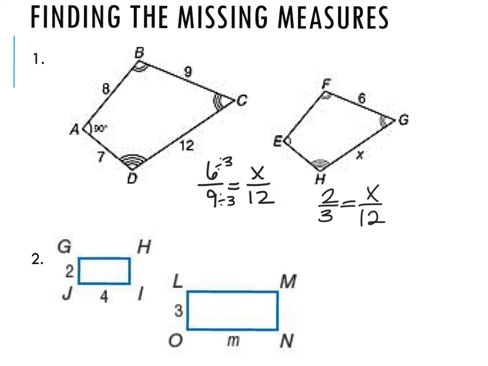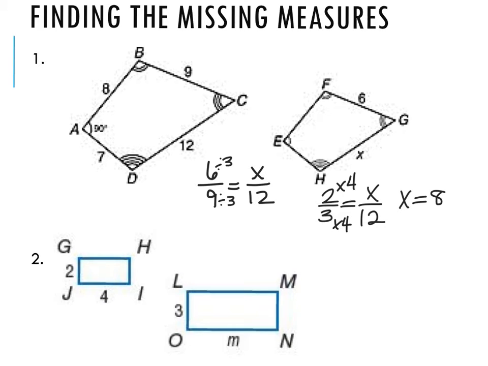Now I can easily see that 3 has a relationship with 12, or in other words, I can go 3 times 4, and that gives me 12. Equally, I can do that on the top, and I will have an equal proportion and know that x equals 8, because 2 times 4 equals 8, and those ratios would stay equal to each other.